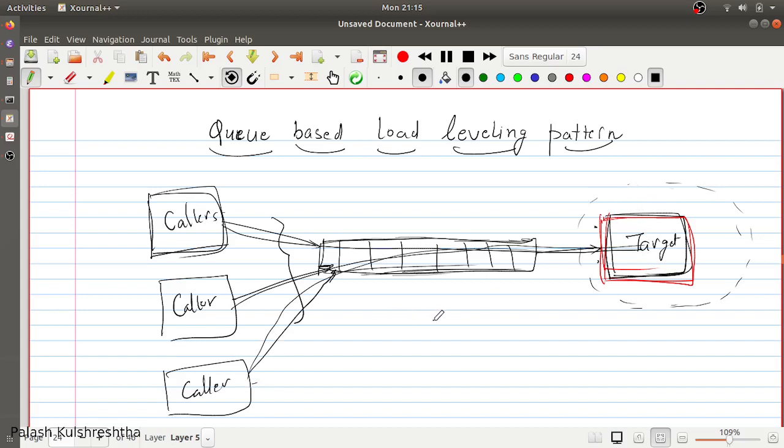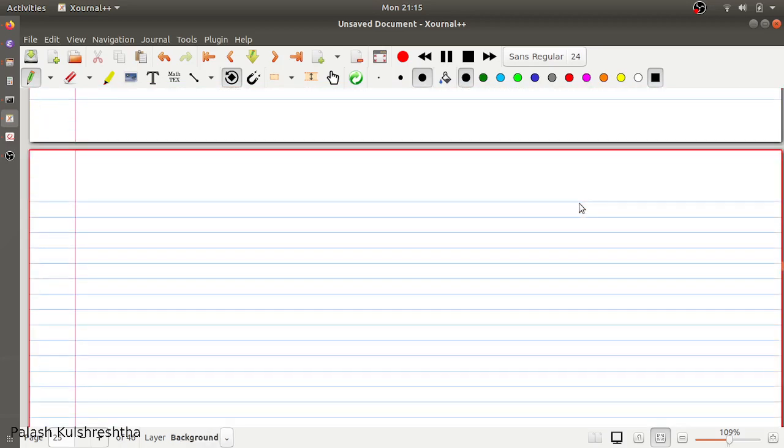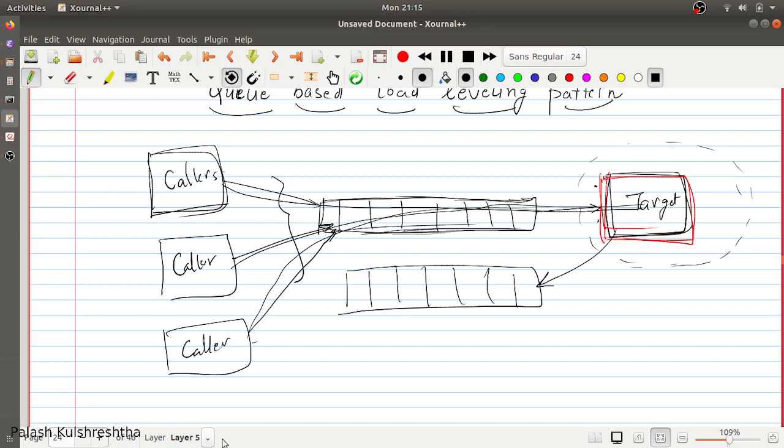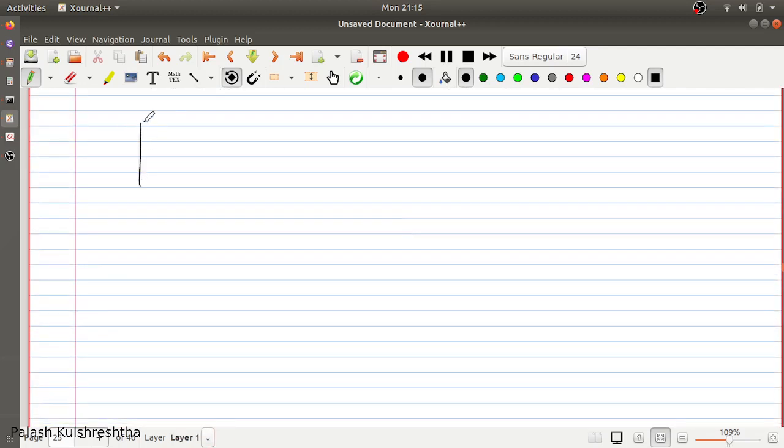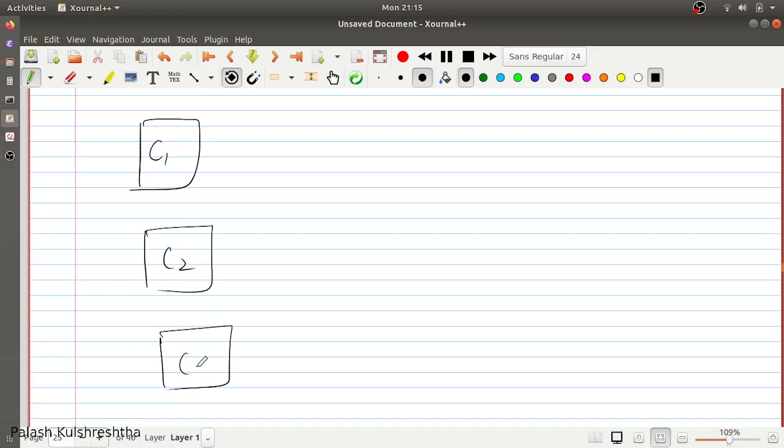Then you may have to use asynchronous messaging or a messaging pattern in which you can either create a reply queue in which the target can provide a response, or you can create a facade before your final layer. So for example, all the callers, caller 1, caller 2, caller 3, are going to call a service which is just a facade over a queue.